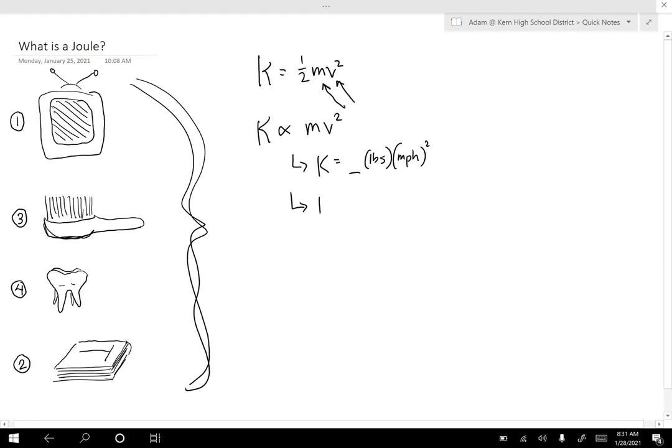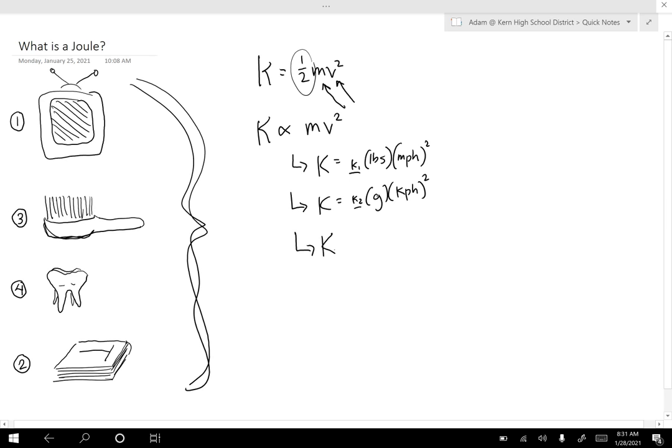If we use, let's say, grams and kilometers per hour, we're going to get a different number. So this might be K sub 1 and this might be K sub 2. The only way that we get that 1/2 there is if we are using the classic scientific units.